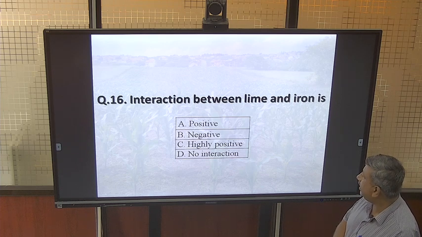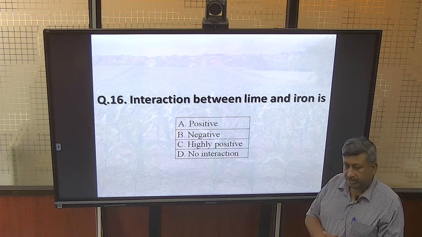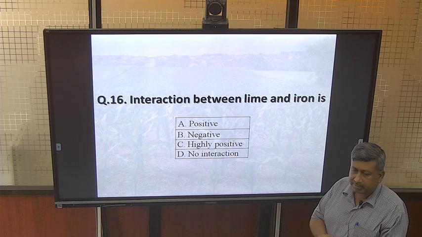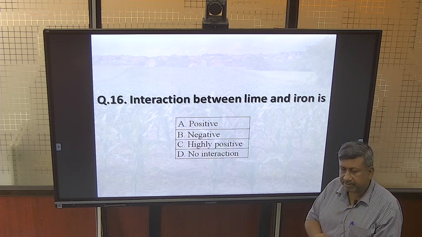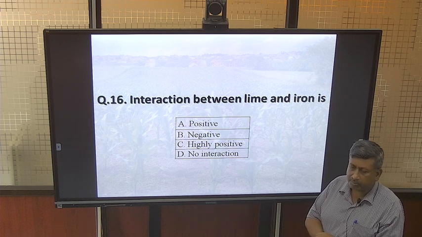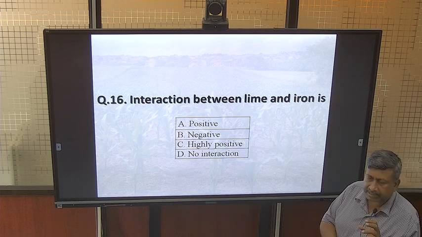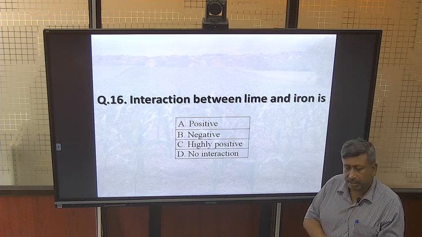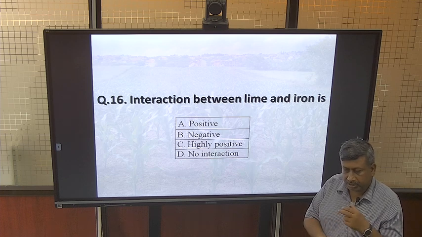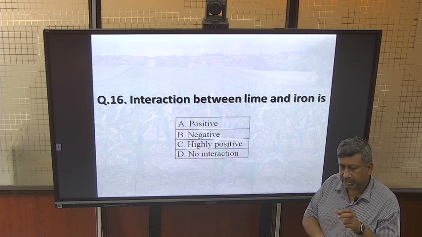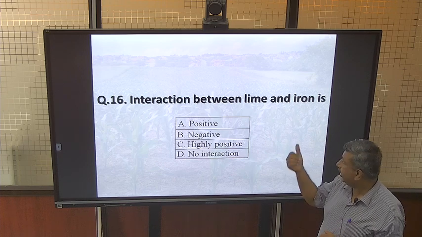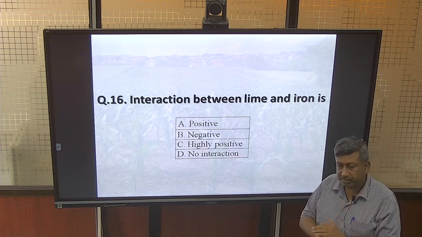Interaction between lime and iron is negative. Iron is available at low acidic pH. Whenever pH is less than 7, then availability of iron is more. Actually, metallic cations are available at low pH. Zinc, manganese, copper, iron, these are available at low pH when pH is less than 7. And lime tends to increase the pH because of calcium.